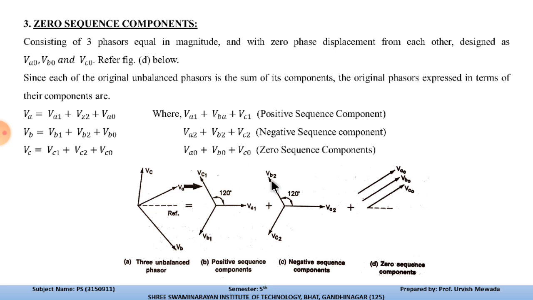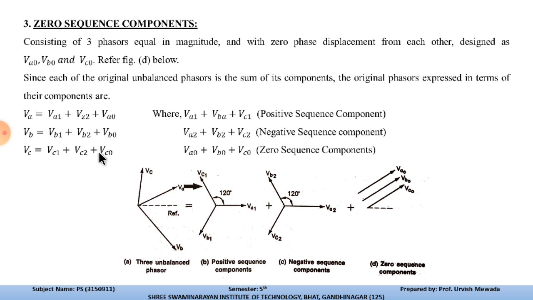So VB1 will become VB2, VC1 will become VC2, and VA1 will become VA2. So this is the negative sequence. The addition of the positive sequence, the negative sequence and the zero sequence phasors gives the three phase unbalanced phasors, and this is described with the help of Fortescue's theorem, and from that theorem we can easily determine all the parameters of this unbalanced system.